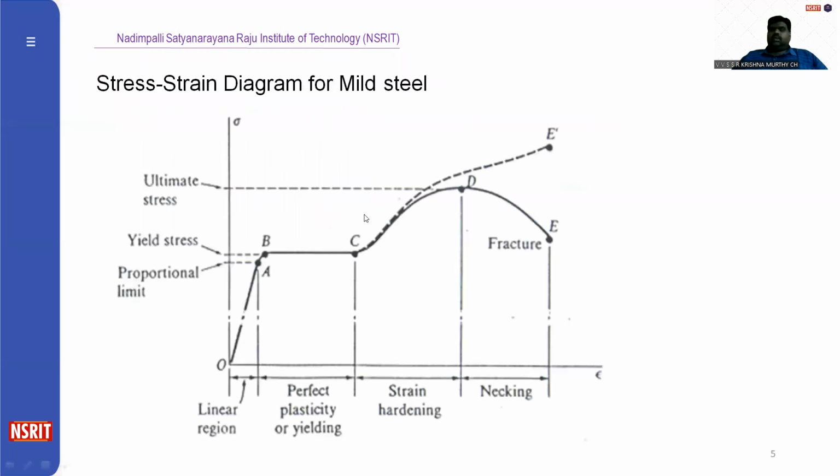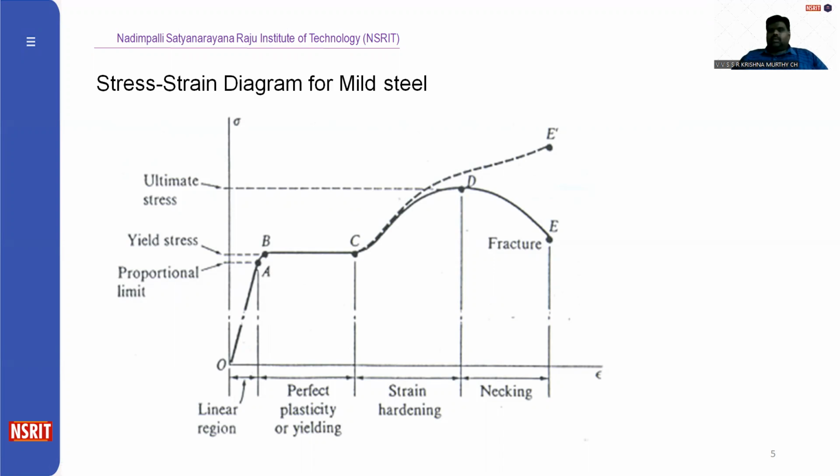So now we'll go with the stress strain diagram for mild steel. First, how to conduct the experiment on a UTM. You take a mild steel specimen and place it in the UTM, Universal Testing Machine. Once you apply the load on the mild steel, if the load is 0, it starts linearly up to this point, and this point is called the proportional limit.